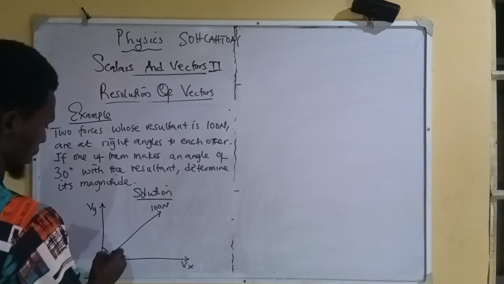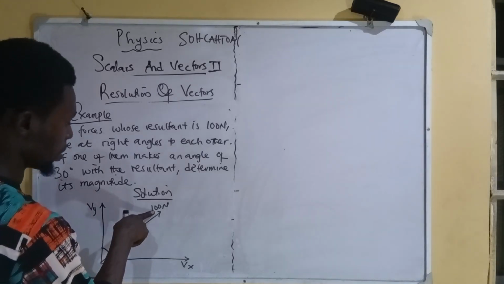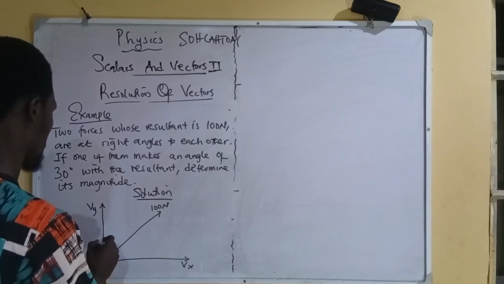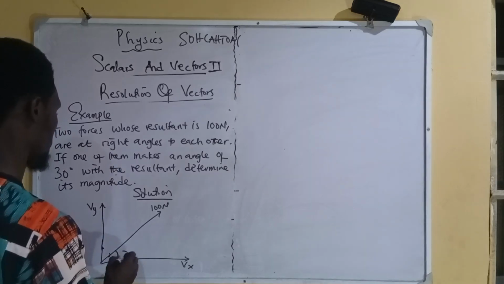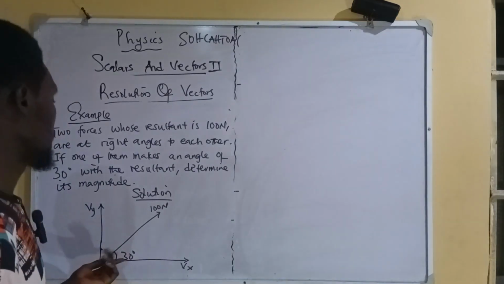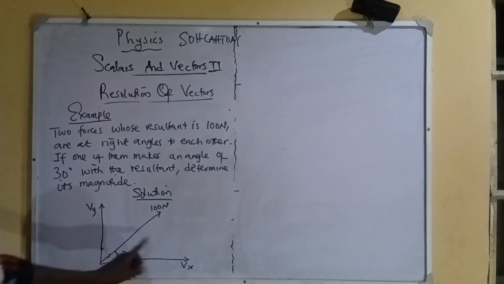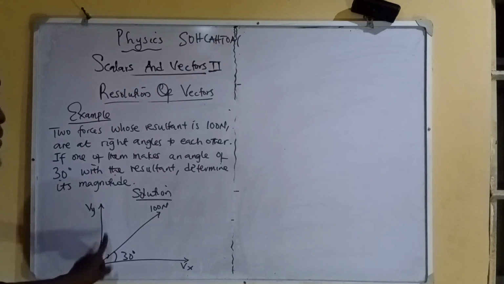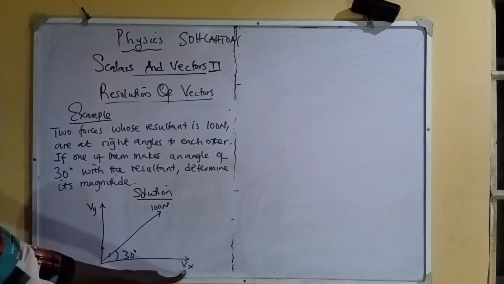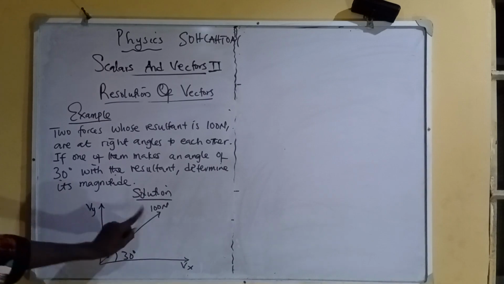Maybe let's say it is the vertical that makes 30 degrees with the resultant. You will still have the answer. Or if you decide that the horizontal vector makes 30 degrees with the resultant, no problem. So if it is the horizontal that is making 30 degrees with the resultant.